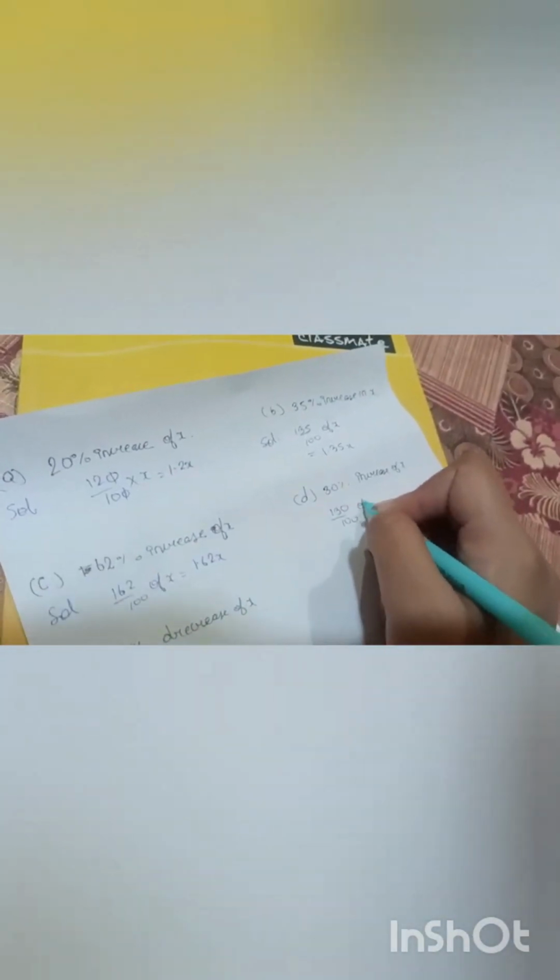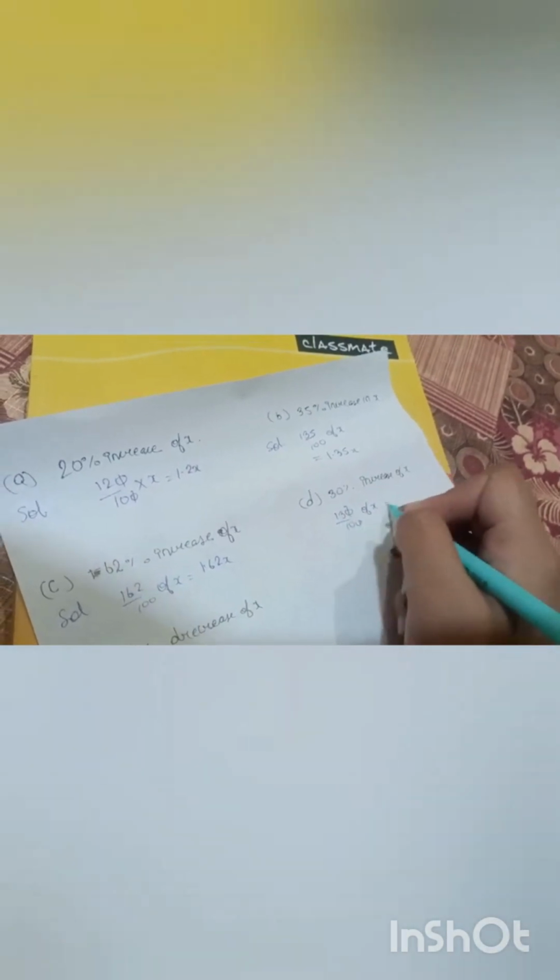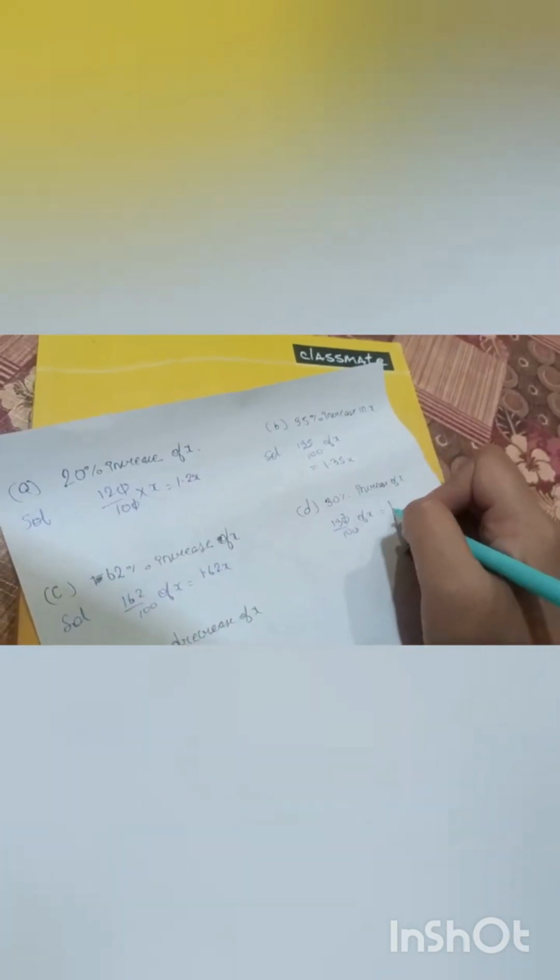And for this, you will get 130 upon 100 of x, so you will get 1.3x. And you may see there is a decrease in this, so you will do it like this: 100 minus 45. You will get 55 upon 100 into x, so you will get 0.55x.